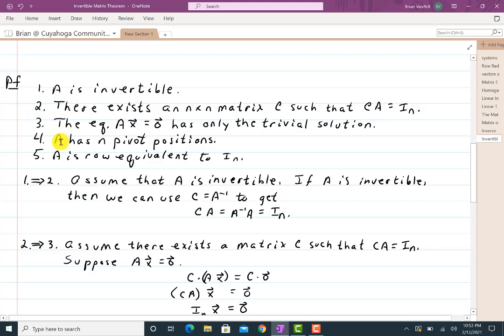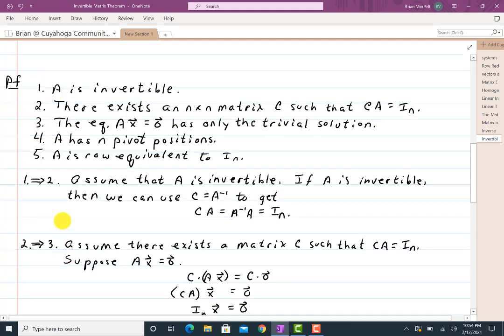And starting at 4, I know that I can prove 5, prove 1, and then prove 2, so that I can show that 2 is the same thing, or an if and only if, with number 4. And so that works for the whole process. So by showing 5 implies 1, I will show all 5 of these things are equivalent to each other.